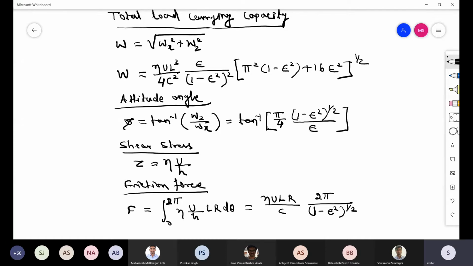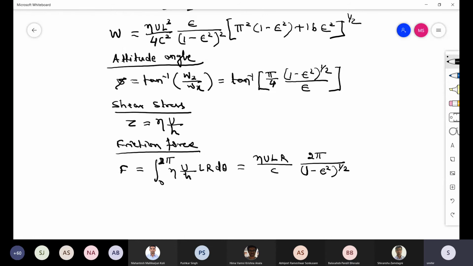Now using this friction force, you can calculate the coefficient of friction.